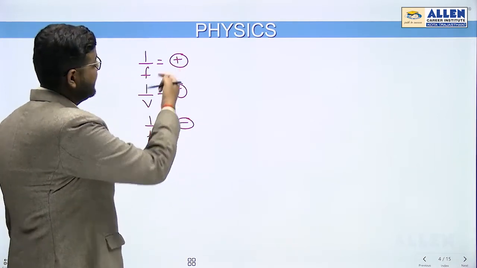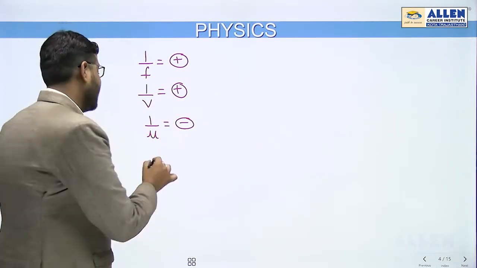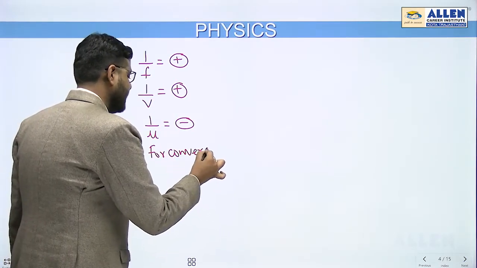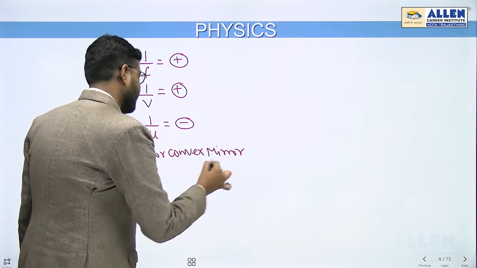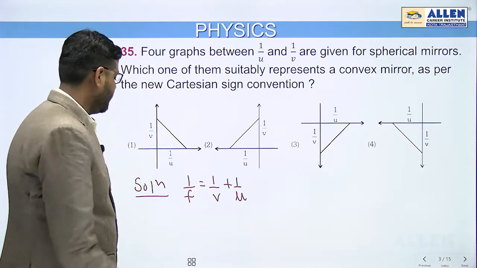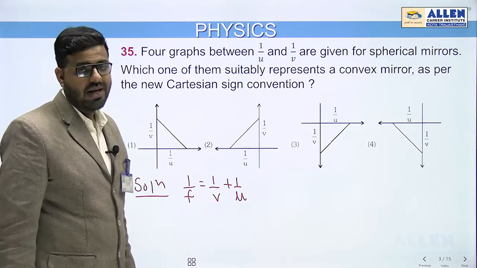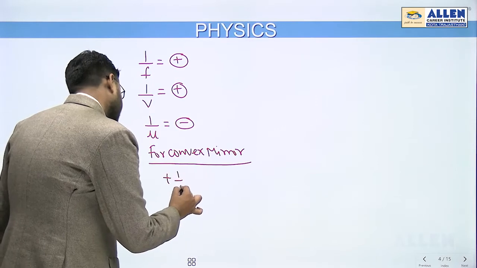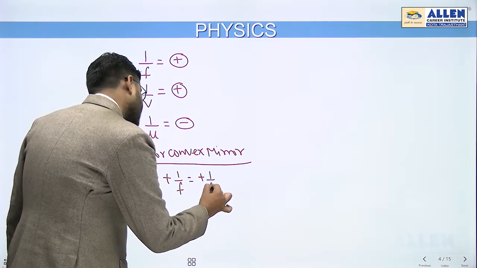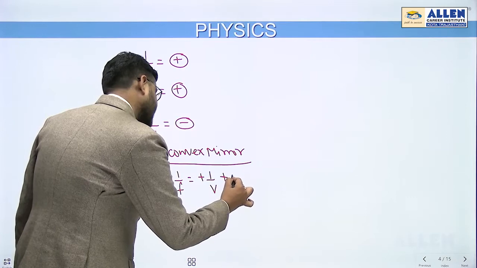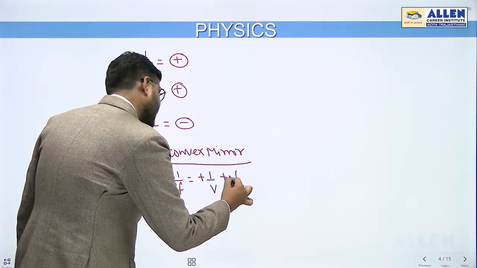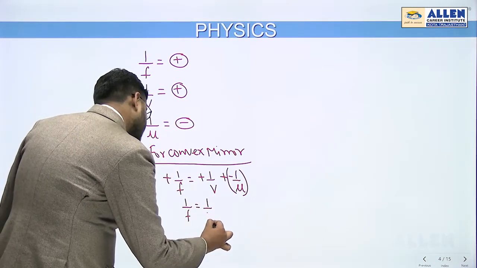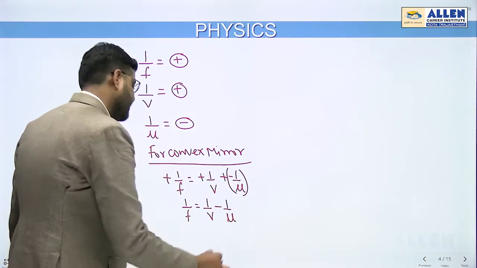Now putting the signs in the mirror formula, for a convex mirror, and we have already seen the mirror formula, that is 1 by f equal to 1 by v plus 1 by u. Now putting the signs, we get plus 1 by f is equal to plus 1 by v plus, and since the value of 1 by u is negative, we can write 1 by f is equal to 1 by v minus 1 by u.